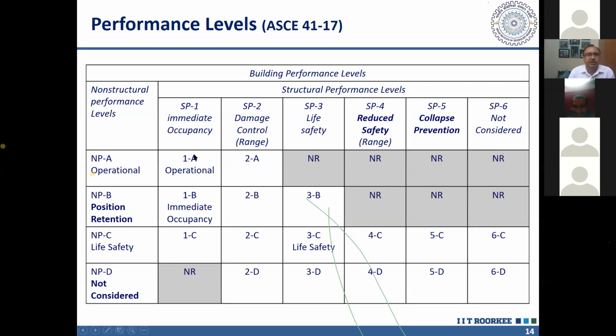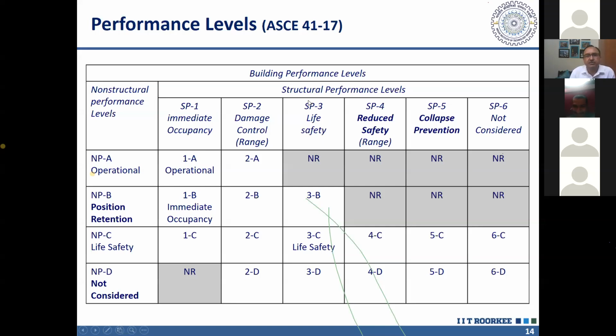So we have one performance level which we would like to target for important structures, let us say hospitals. This is immediate occupancy. It means such buildings will have limited damage. Yielding will occur, some energy dissipation will be there, but that inelastic displacement will be limited to an extent that the building will be usable immediately after the earthquake.